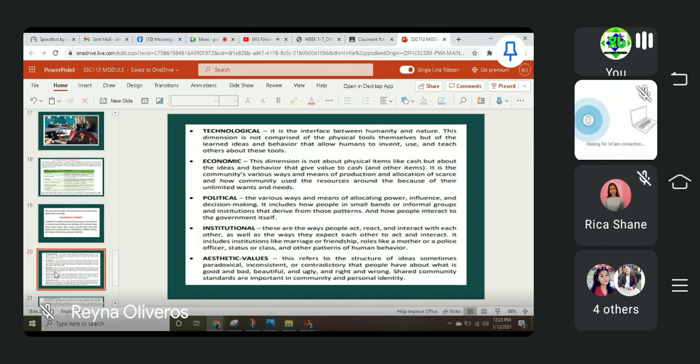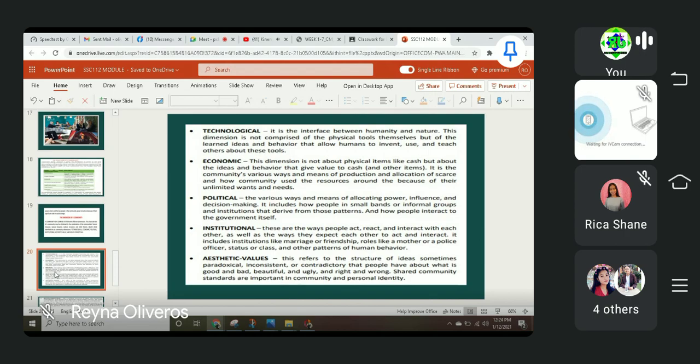Okay? This dimension is not comprised of physical tools themselves, but of course, to learn new ideas and behavior that allow humans to invent, use, and teach others about these tools. Yun yung technological. Yung mga natututunan ng mga tao doon sa isang remote areas.